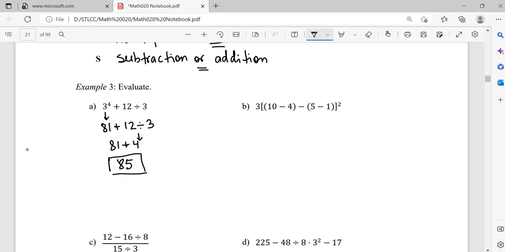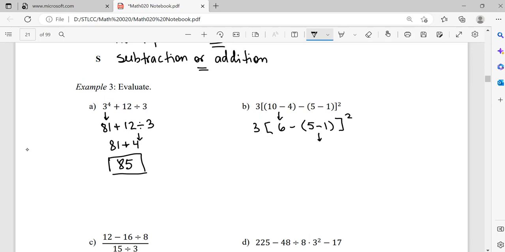Okay, so here we are. 10 minus 4 is 6. So I have 3, my square bracket, minus. I have not done 5 minus 1, so I'm going to copy that down, keep the square bracket to the power of 2. The only thing that got done is the very first parenthesis. Now I'm going to do the second one.